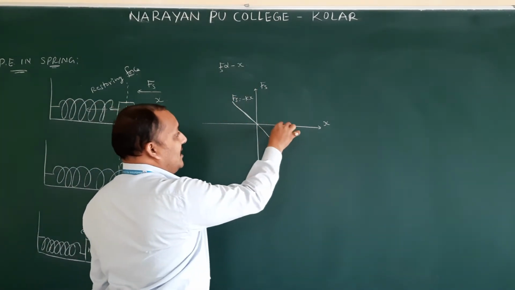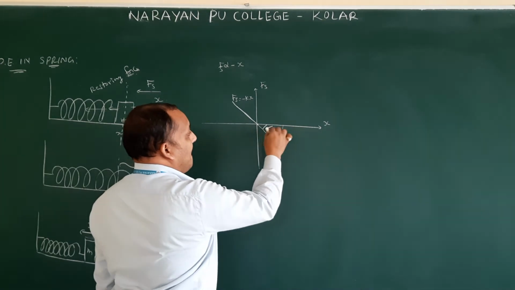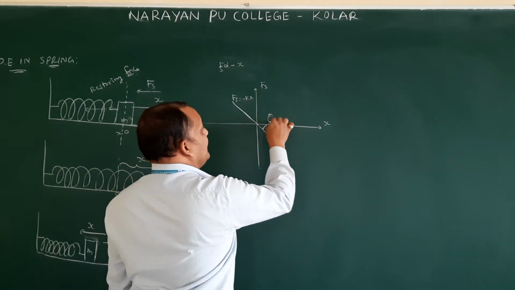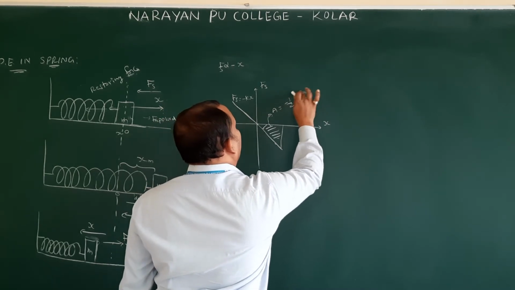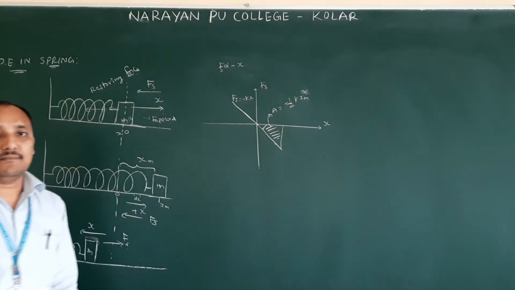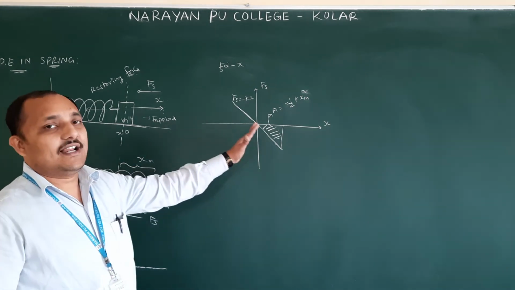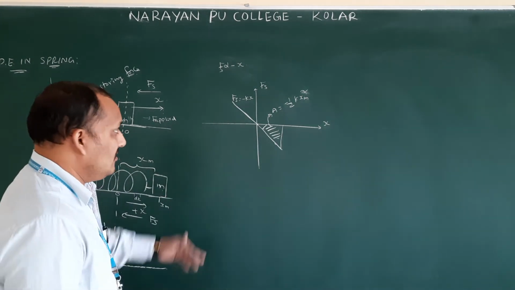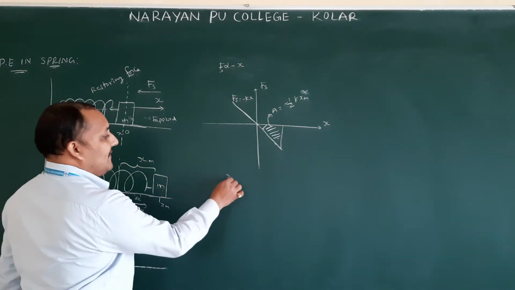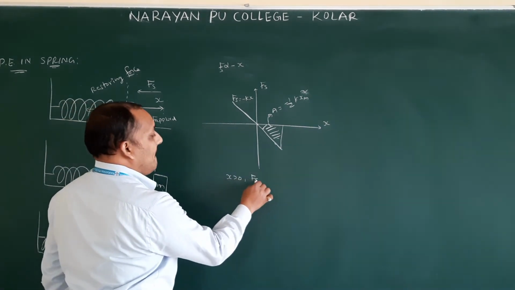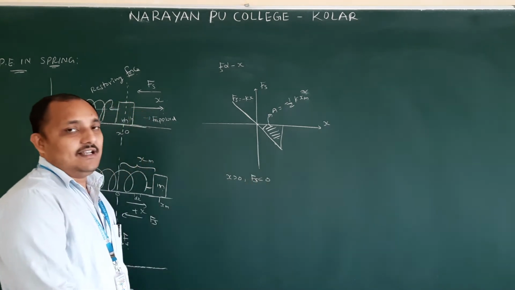So this is the graph. If you take the area, this area gives minus half k xm square. The area under the force and elongation graph gives the work done or energy stored within the spring. If x is greater than 0, Fs is less than 0.